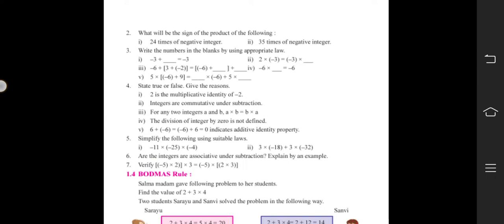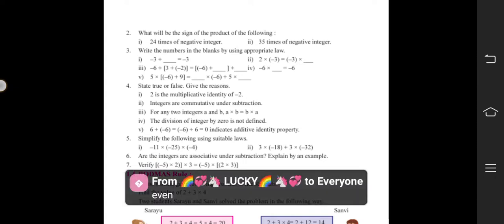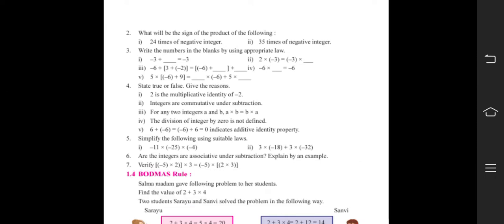Already I told you in yesterday's class, if a negative integer is repeated an even number of times, the product is positive. If the negative integer is repeated an odd number of times, the product is negative.